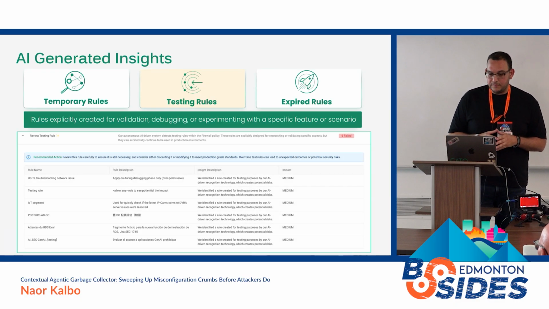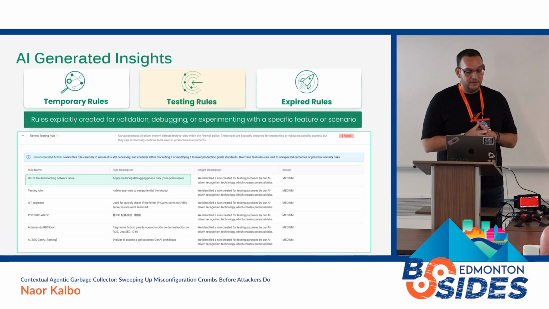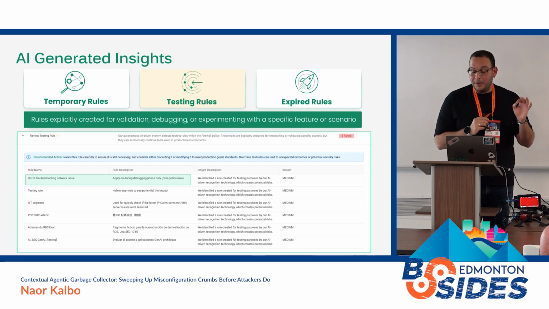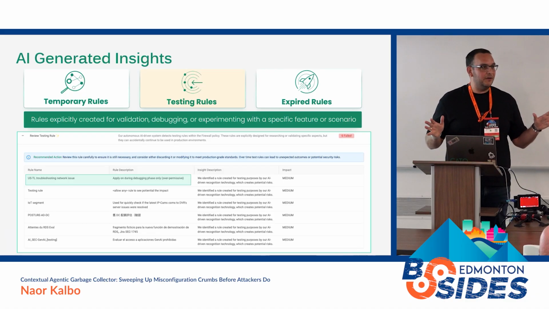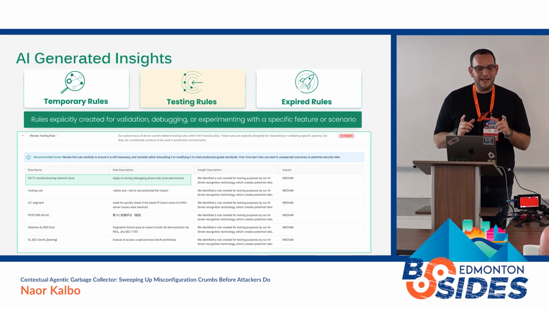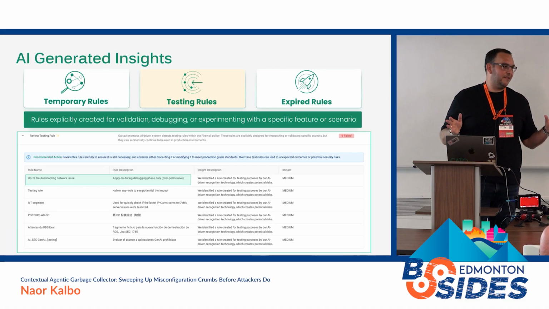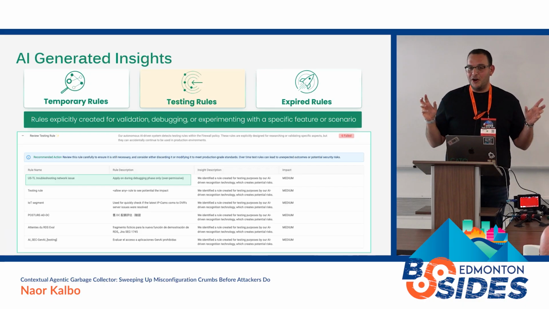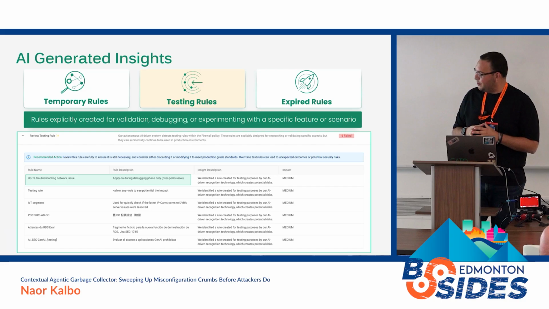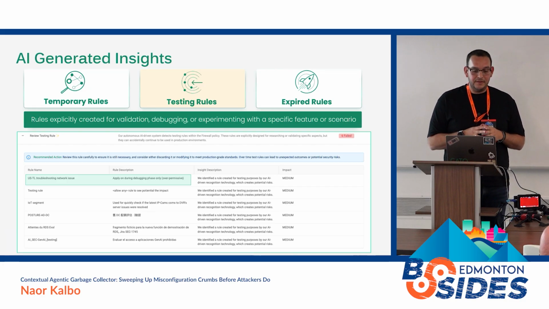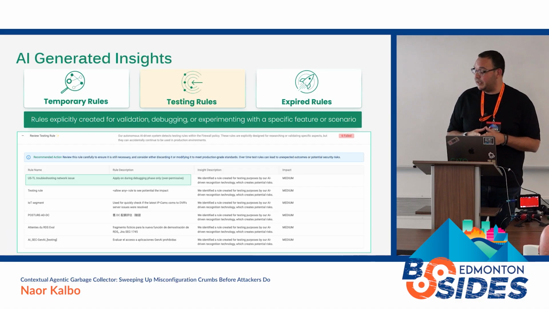Let's see some examples. The first example is a testing rule that's created to help debug a network issue. And we all know that while debugging, we are very generous about our non-restrictive approach. Seriously though, this might end with a major security gap in the organization.